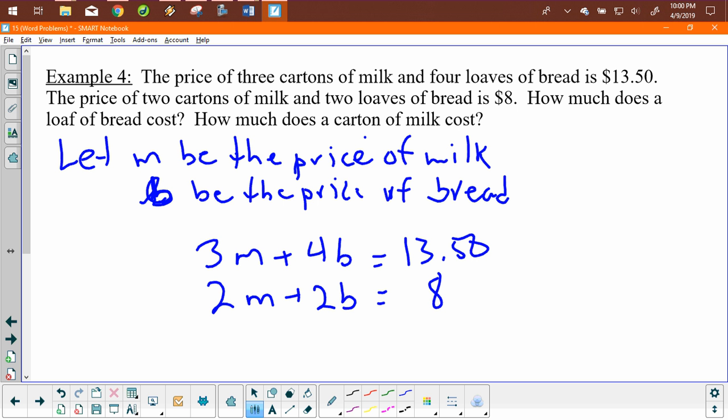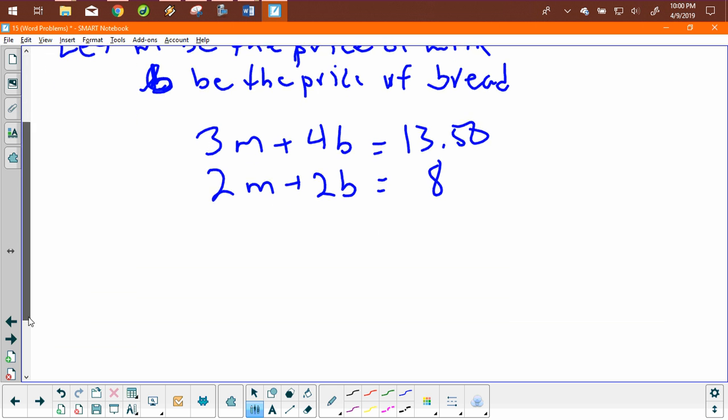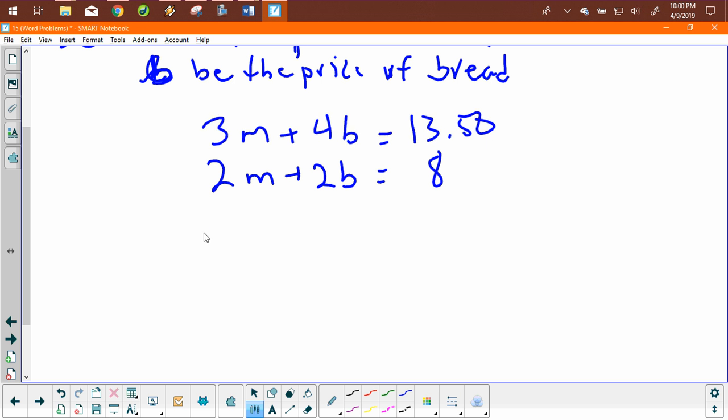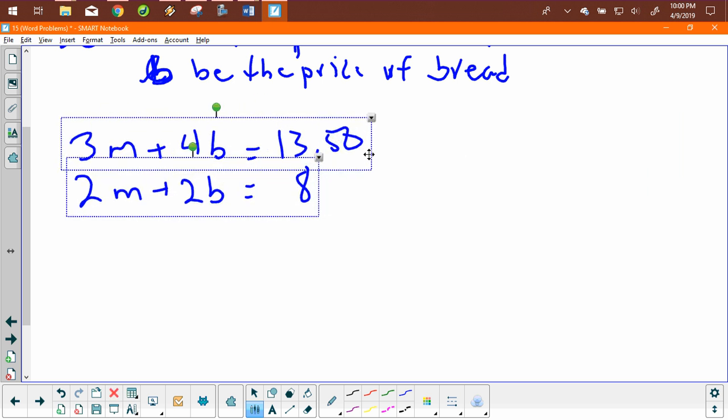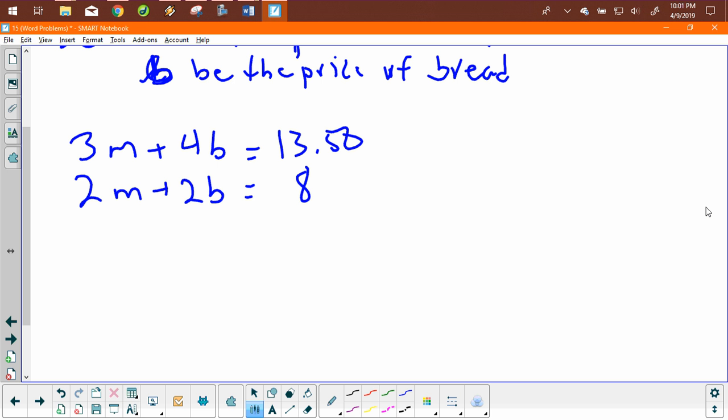Okay, how much does each one cost? So again, this is a pretty good setup for elimination because of how they're organized. Okay, for a match, the fastest one is probably just to do B, because I could just double that equation, right? The other option for M, I could double the first and triple the second.